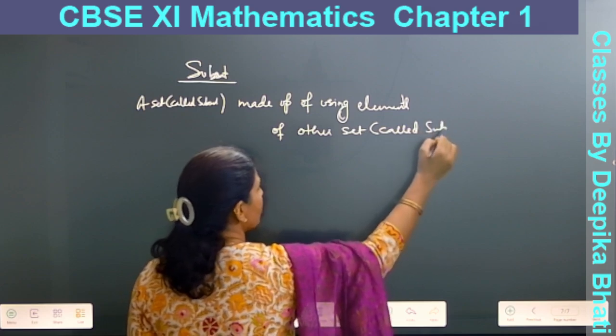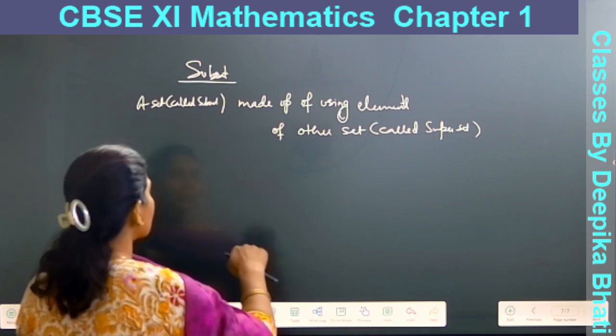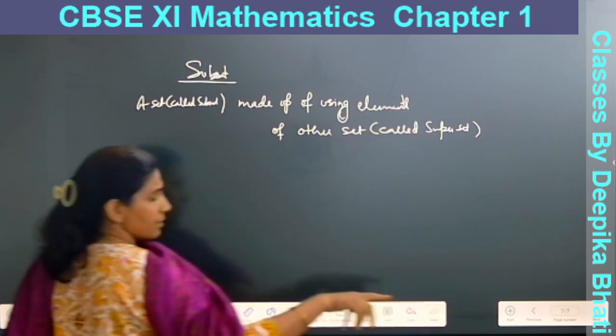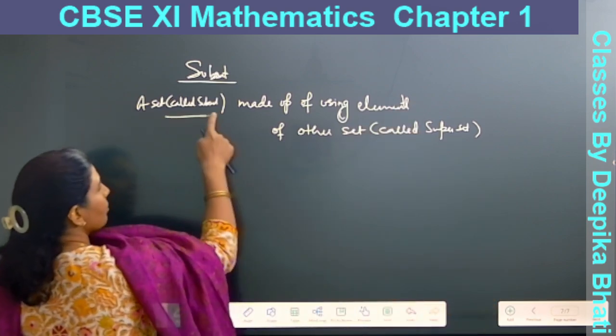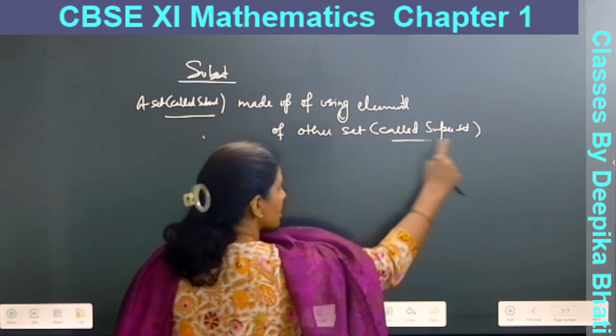Here we have two concepts, subset and superset. A set which we are building using the elements of some other set. So the set we are building or forming is the subset, and the set from which we are forming it is called a superset.